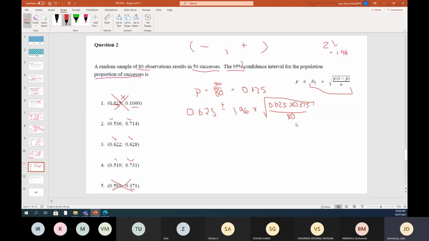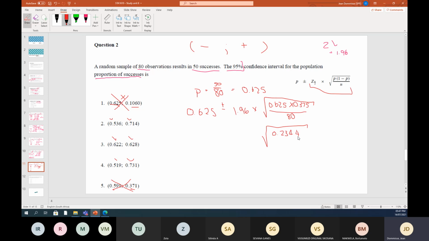So again, depending on which calculator you use, just make sure that the calculation beneath the square root you're doing correctly. So it is 0.625 times 0.375, which gives us, let's just do that, 0.2343 or 44.